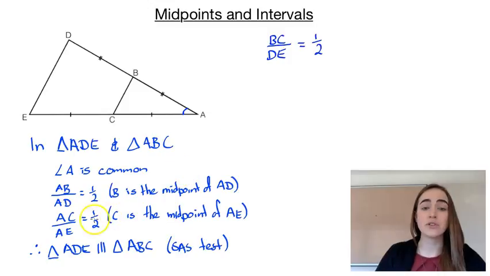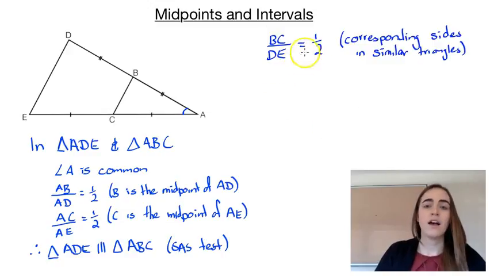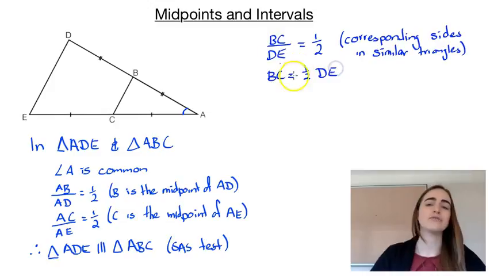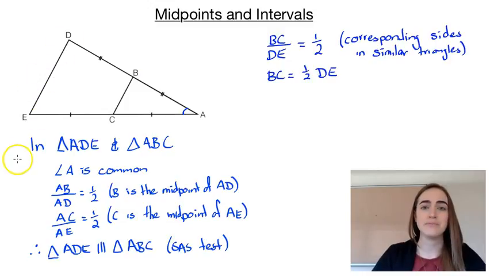Because that was the ratio that all our other corresponding sides were in, and because they're similar, this one has to be the same ratio as well. And then we can manipulate this, and we can figure out that BC is equal to a half DE. So that just makes it read a little bit easier, that BC is half the length of DE. So this interval is half as long as this one.